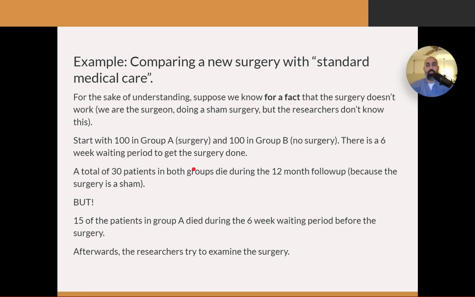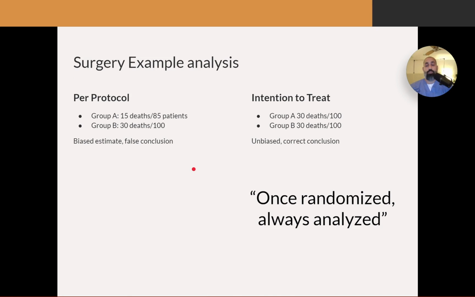So we start with 100 in group A, and we start with 100 in group B, that surgery and no surgery. But there's a 6-week waiting period to get the surgery done. Now, a total of 30 patients in both groups die during the 12-month follow-up because the surgery is a sham. It doesn't do anything, right? But 15 of the patients in group A died during the 6-week waiting period before the surgery. So now if you try to examine the surgery, you may end up with different results.